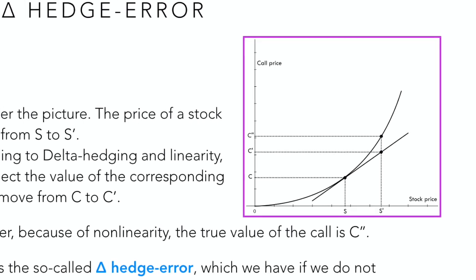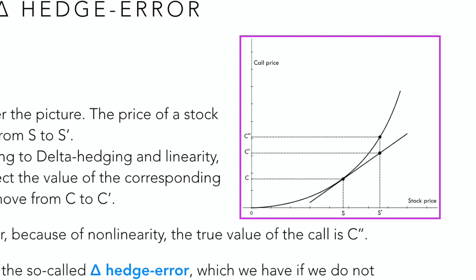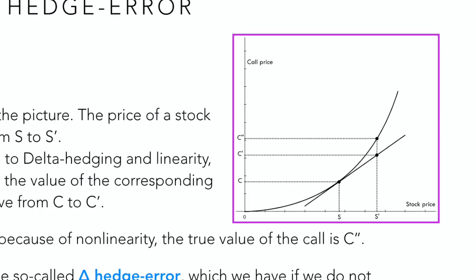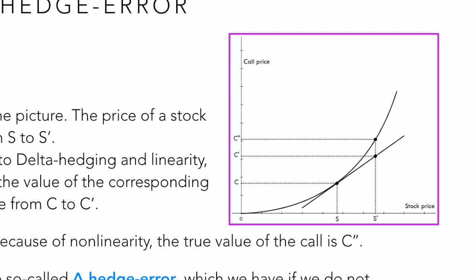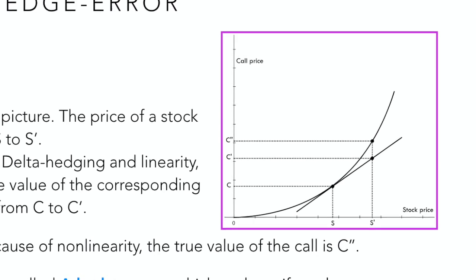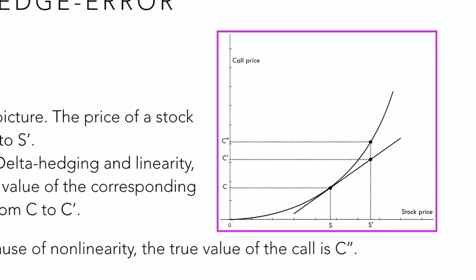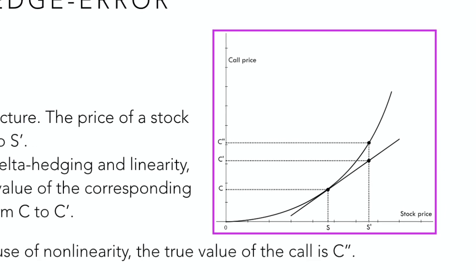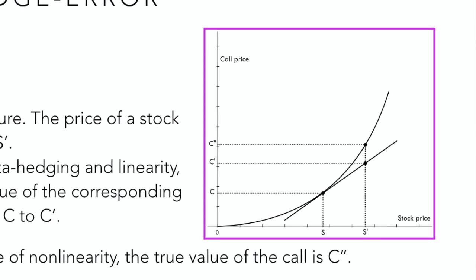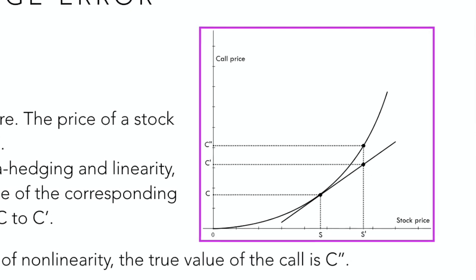But what happens if, on the contrary, the price variation is not small? That is to say, from S, I move to S prime or S1. If I do that, and I still believe in just my delta hedging, I will think that the actual value of my portfolio is here on the straight line. That is to say, C prime, C1.